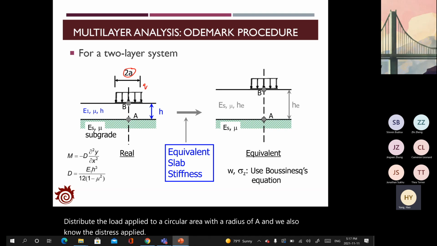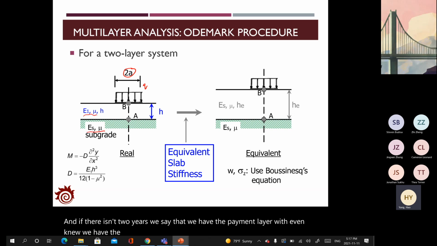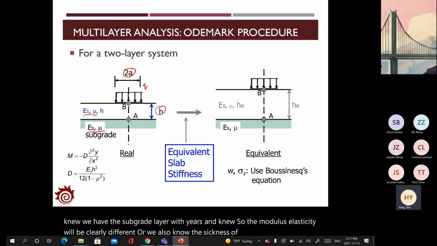We have the pavement layer with E1 and mu, and the subgrade layer with ES and mu. So the elastic moduli will clearly be different. We also know the thickness of the pavement layer, that is H.